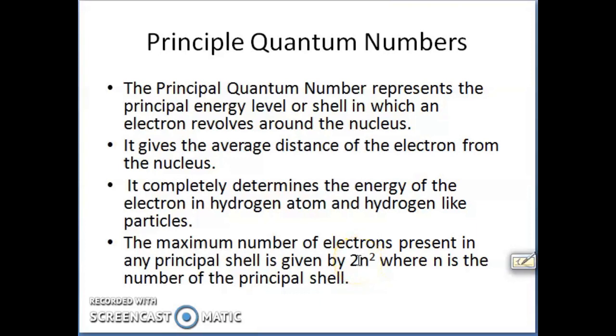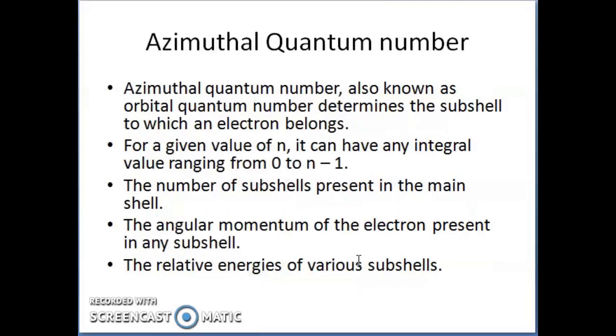Next, the azimuthal quantum number, which is also known as the orbital quantum number. It helps us determine the subshell to which the electrons belong. The principal quantum number gives us information about the shells, and the azimuthal quantum number helps us determine the subshell.